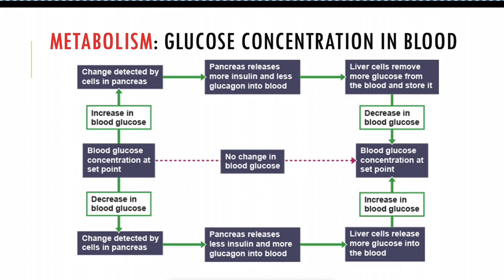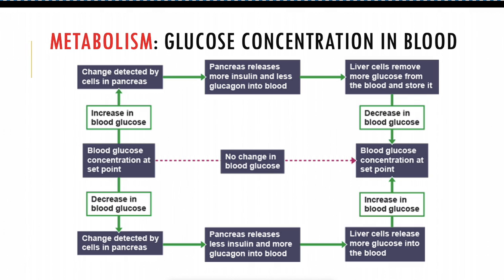The pancreas and liver play a very important role in blood glucose concentration. Remember that if there's too much glucose in the blood, your cells will undergo plasmolysis, in which cells can shrink because of the higher glucose concentration.